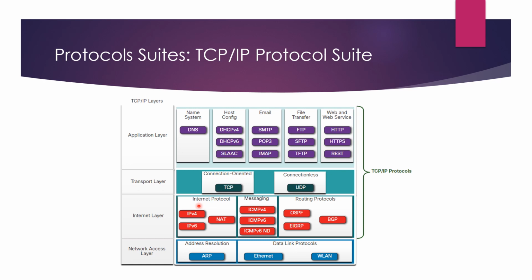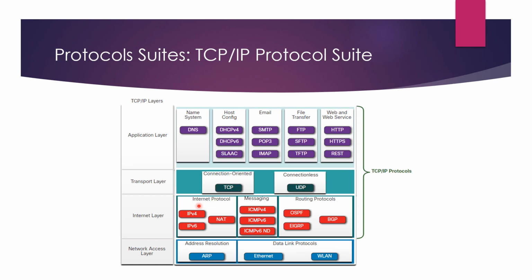It is IPv4, Internet Protocol version 4, which receives message segments from the transport layer, packages messages into packets, and addresses packets for end-to-end delivery over a network. It uses an IPv4 address with 32 bits.